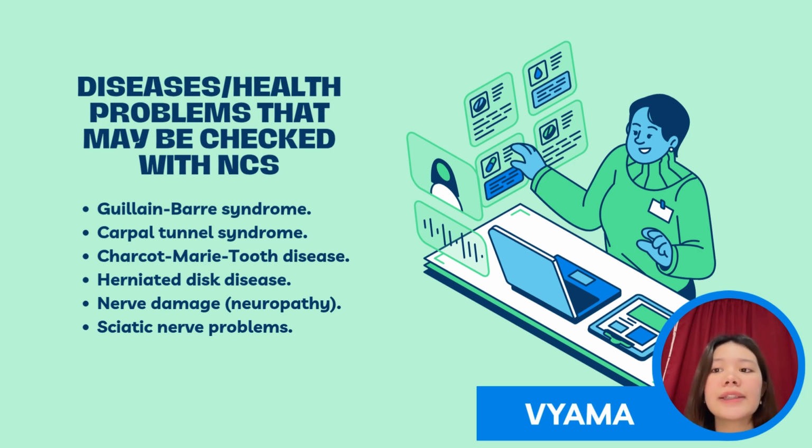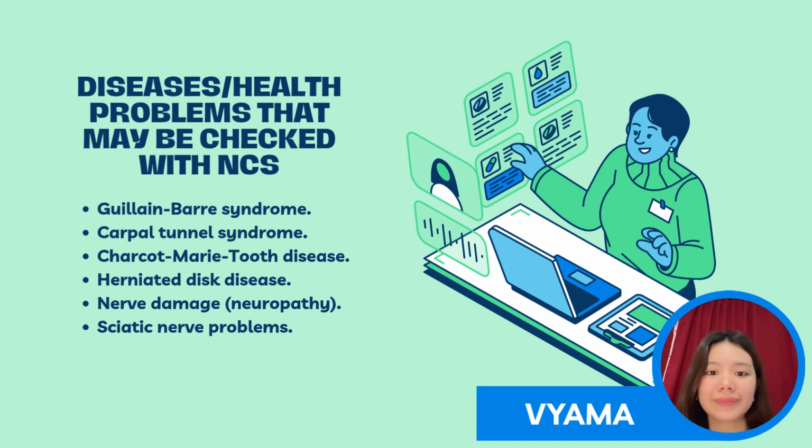Herniated disc disease occurs when the fibrous cartilage that surrounds the vertebral disc breaks down. Nerve damage neuropathy can occur from issues such as diabetes, chemotherapy, and alcoholism. Sciatic nerve problems. Most common problem is the bulging or ruptured spinal disc that crosses the roots of the sciatic nerve.